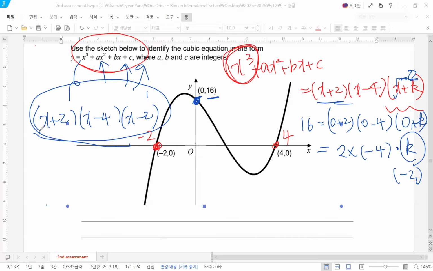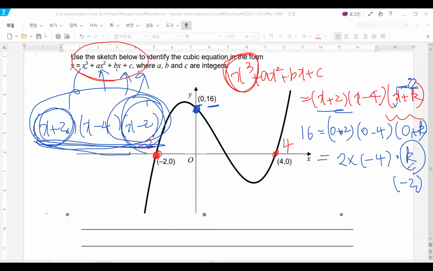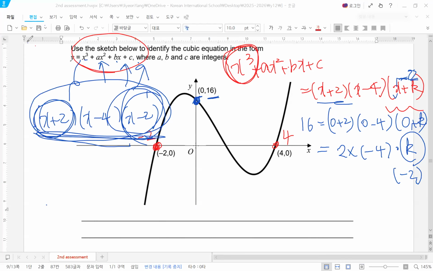After you expand these brackets, you can find every value a, b, and c, right? Okay, I'm going to help you. Guys, x plus 2 and x minus 2. It looks easier, right? And then x squared minus 4, and then times x minus 4.